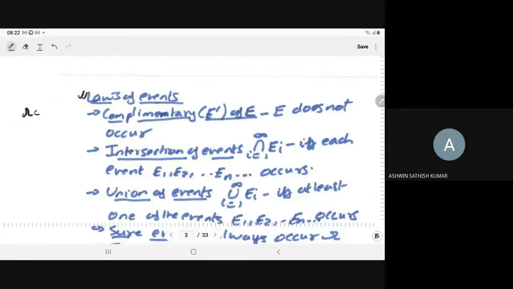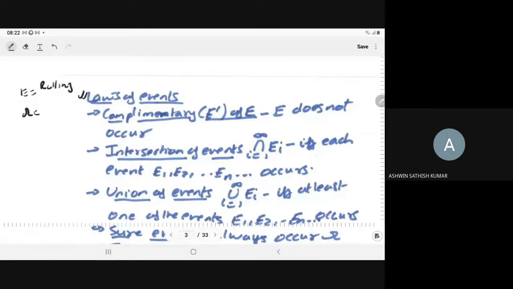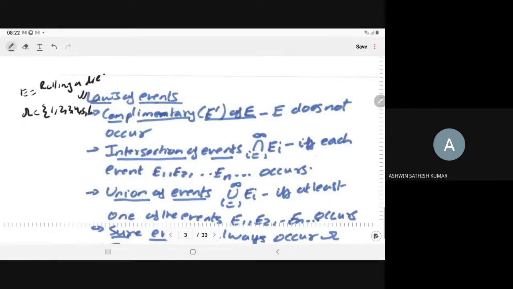here the random experiment is rolling an unbiased die. So we know that the sample space is 1, 2, 3, 4, 5, and 6. Let us define event E1 as even number, so it will be 2, 4, 6.